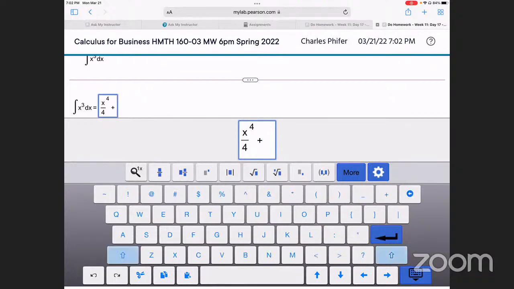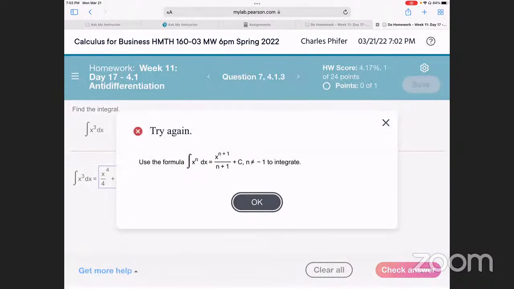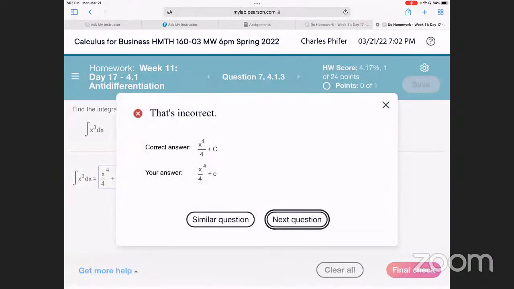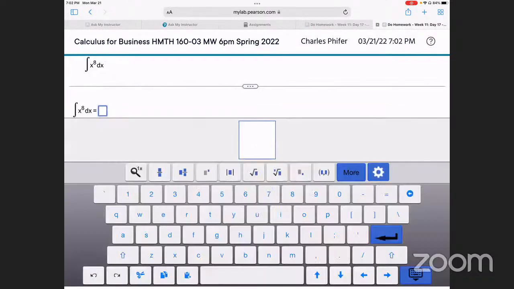I don't know, I'm just going to enter. I think it's just the keyboard on the fritz.